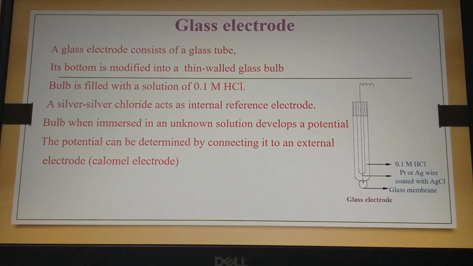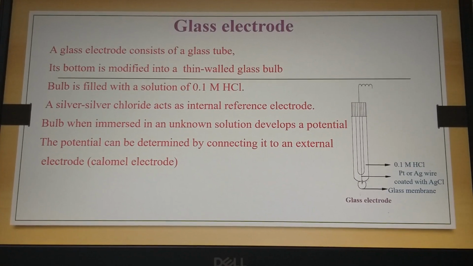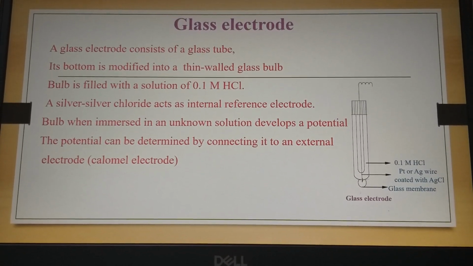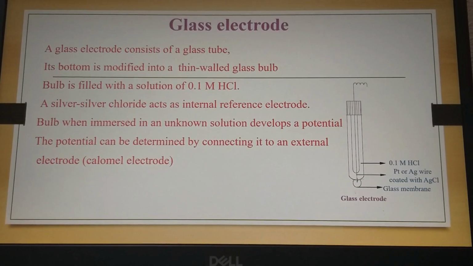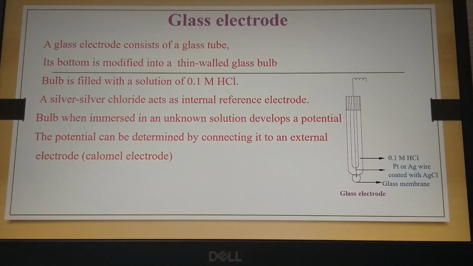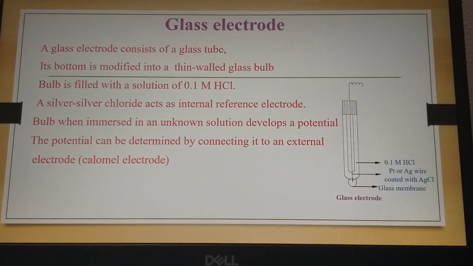When the bulb is immersed in the test solution, whose pH we want to determine, it develops a potential due to the difference in the concentration of hydrogen ions outside and inside the membrane.